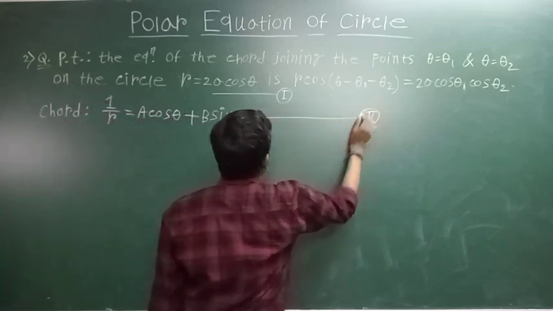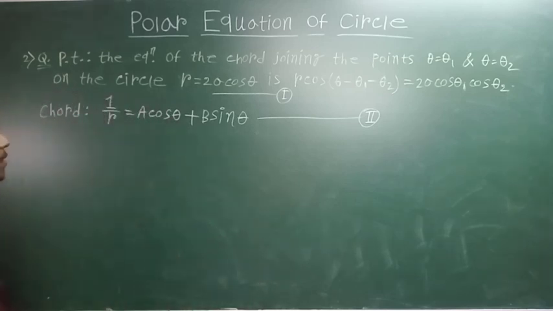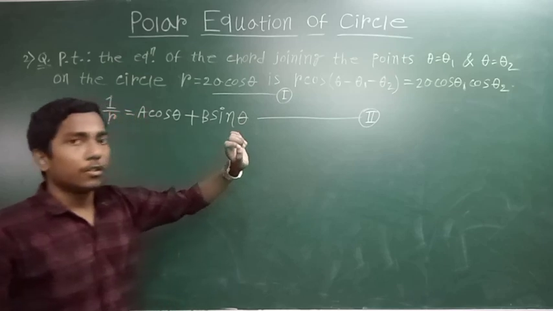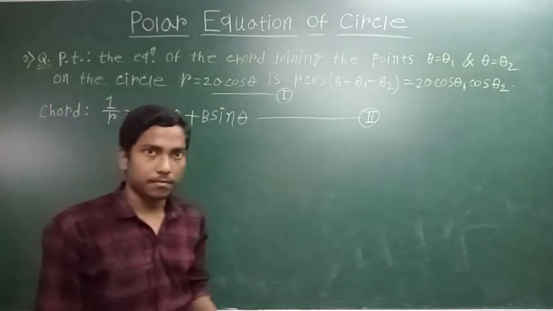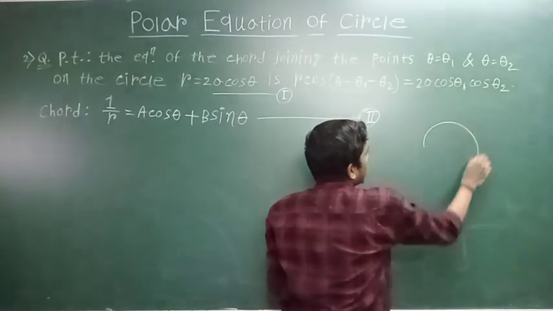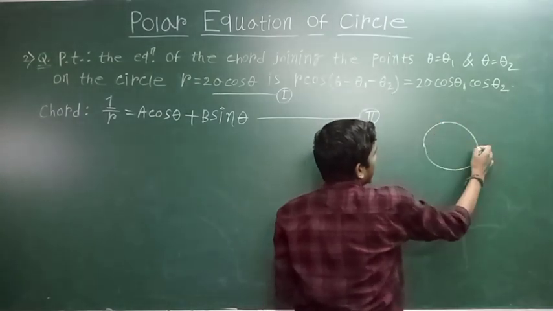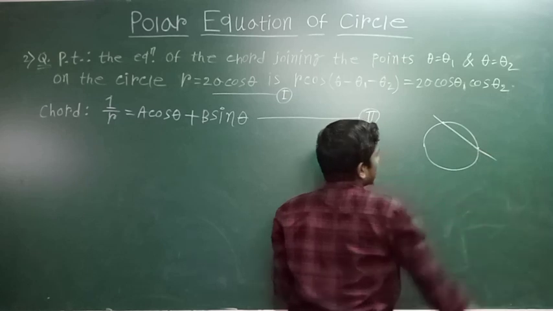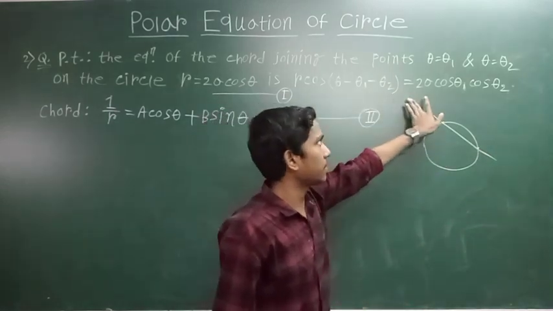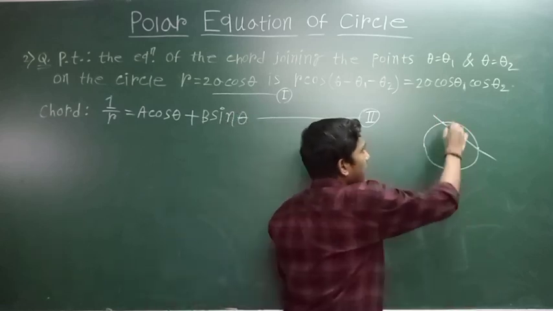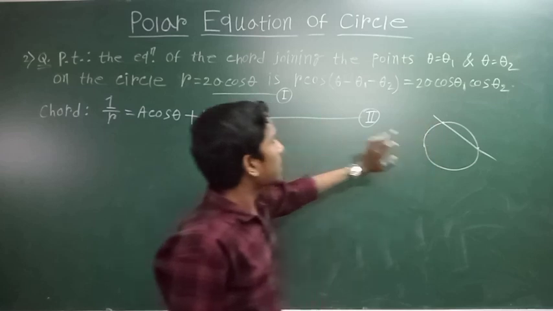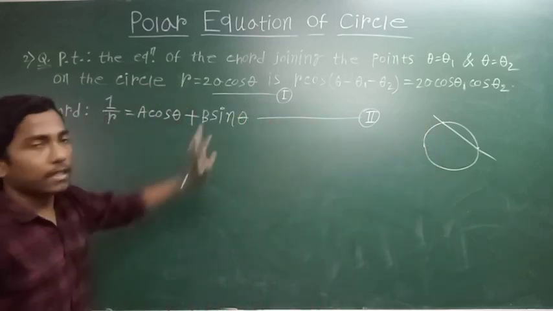Okay, now these points theta 1 and theta 2 lie on the circle, so they must satisfy equation 1, right? Because these points lie on the circle. Basically there are 2 points like this. If we join these 2 points, we will get a chord, and we have to find the equation of the chord. We have to show that this equation of the chord is this. Now theta 1 and theta 2 are the vectorial angle of these points, so they lie on the circle, means they will satisfy equation 1.